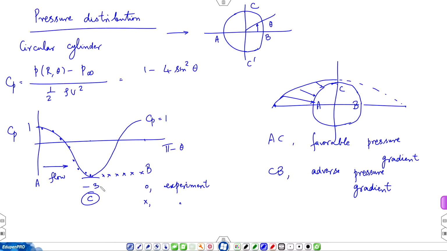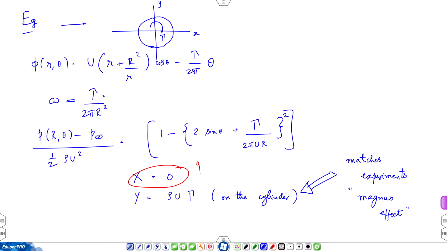So, now you can try substituting the experimental pressure variation in the formula for drag. What is that formula for drag? Here we had it here.